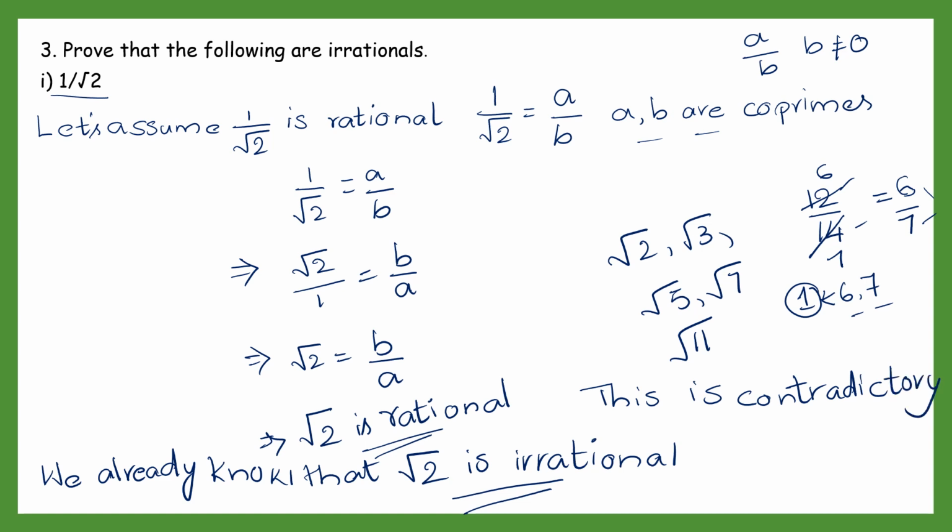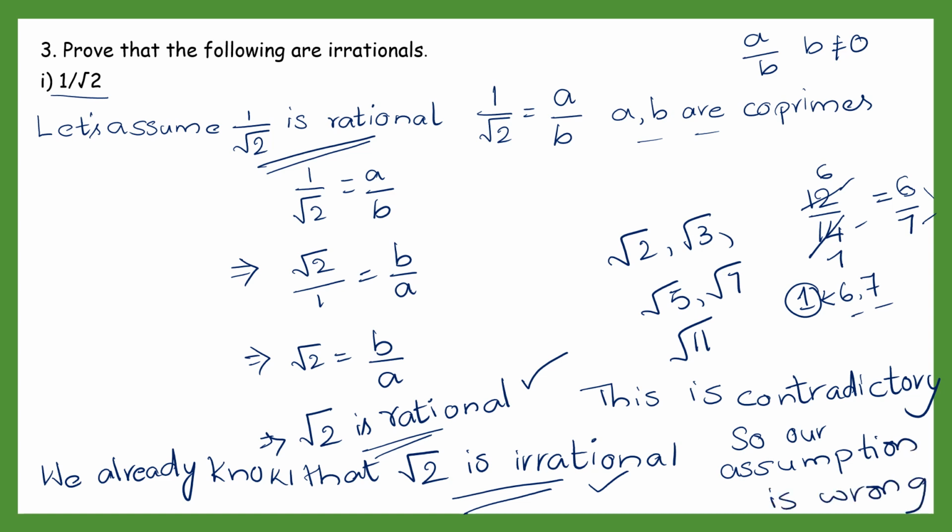Why did we get this contradictory result? You got root 2 is rational, but in reality root 2 is an irrational number. Because we assumed that 1 by root 2 is a rational number. So our initial assumption is wrong.